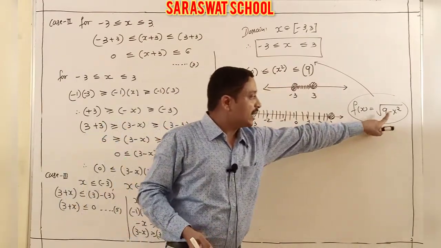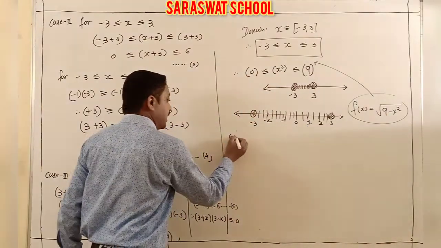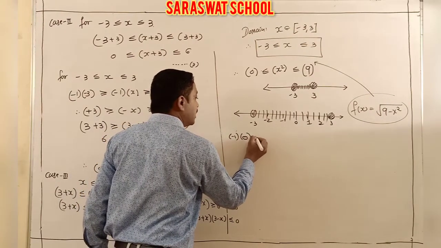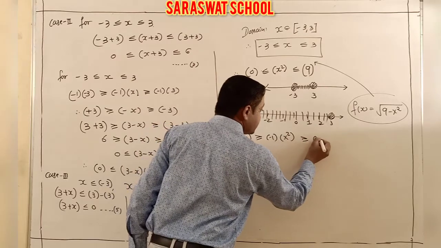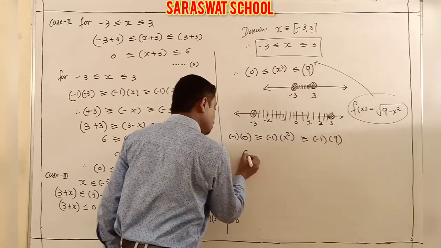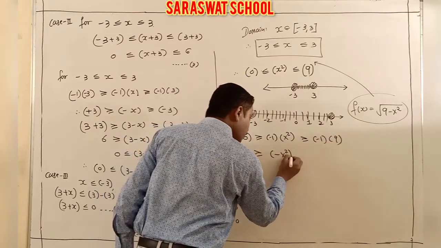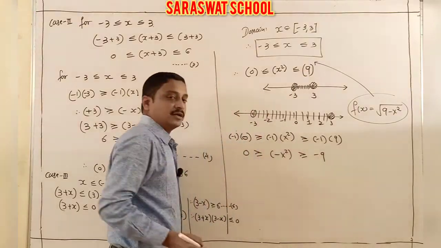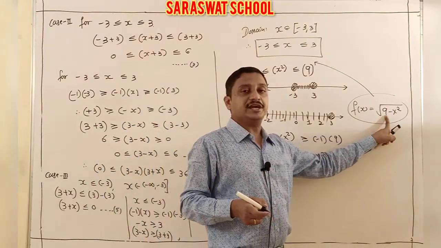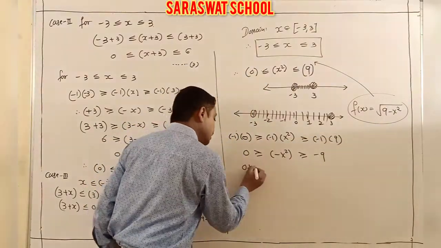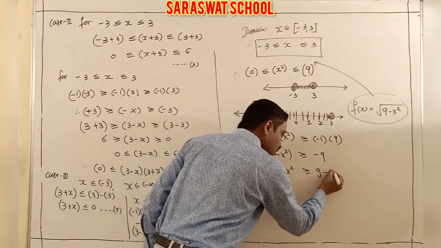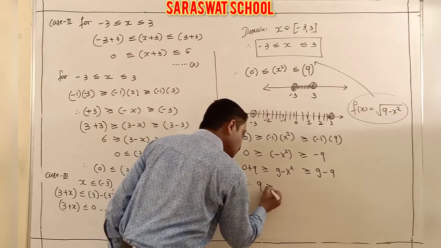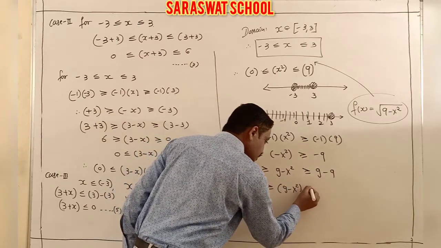Now second, I want minus. So each term you multiply by minus, and the inequality changes. So 0 to minus x square to minus 9. Now I want 9 addition. So 0 to 9, similarly here, so 9 to 0.